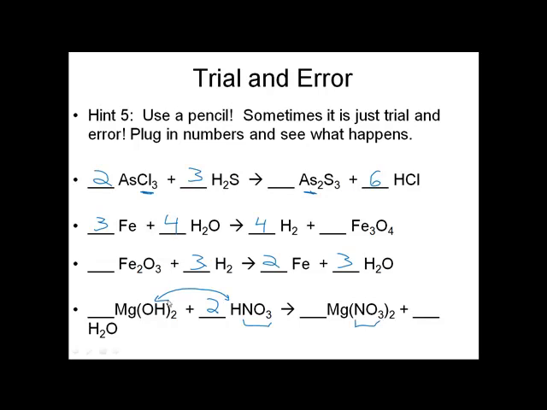Can I think of HOH or H2O forming? Since I have a total of 2 O's and 4 H's, I can make 2 H2Os. So there's our hint number 5. Again, use a pencil and just try plugging in numbers.